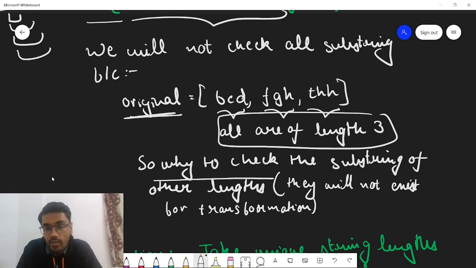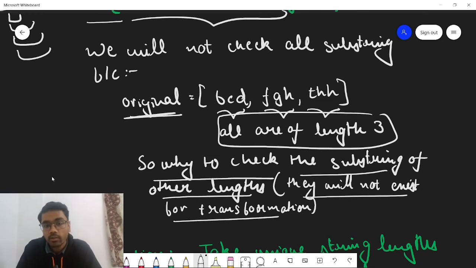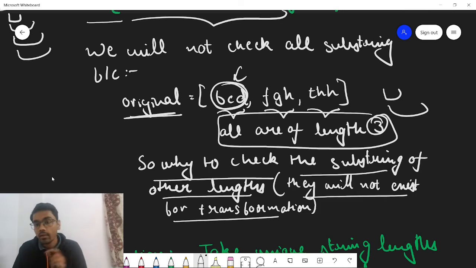So why check substrings of other lengths? They will not exist for the transition. Obviously, if we have only length 3 substrings in our original array, why check length 2 and length 4 and all the other strings, because a transition can only happen for those present in the original array, and the original array has only length 3. So we will check only length 3 substrings in this case.